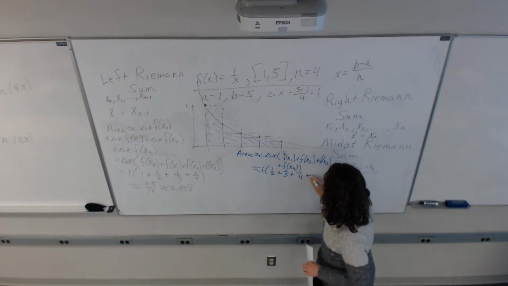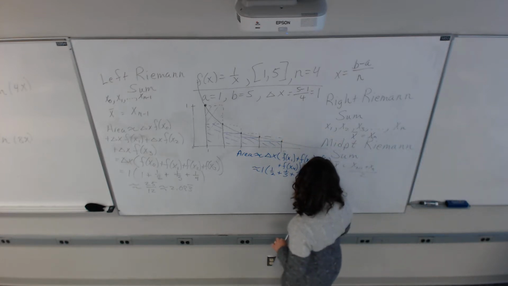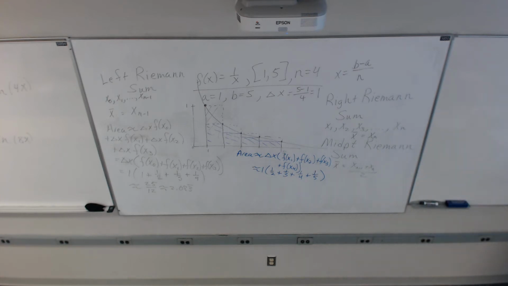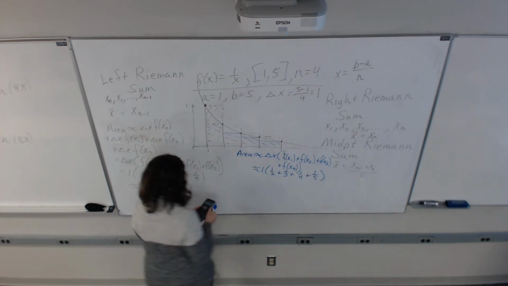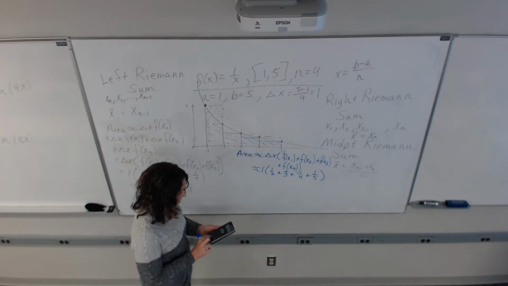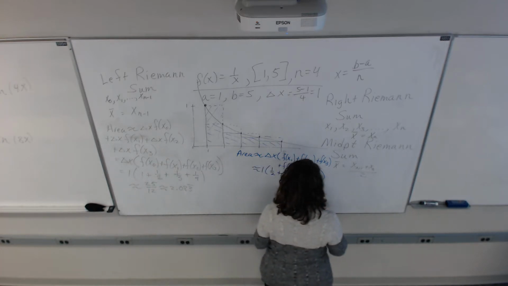And then plus, what's the height at the last one? 1/5. All right. And I don't think I did that one ahead of time, so I need a calculator. One of the reasons I like the sharp right view so much is it automatically reduces. I have 0.5 plus 1 divided by 3, 2. That is 77/60.